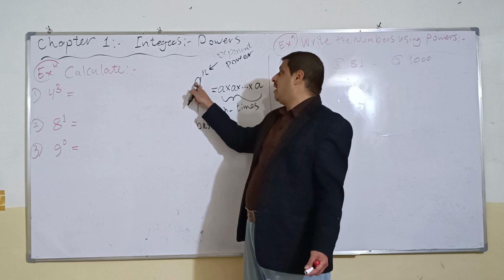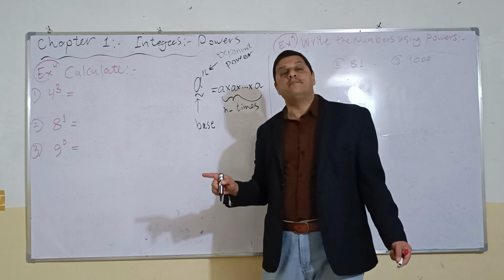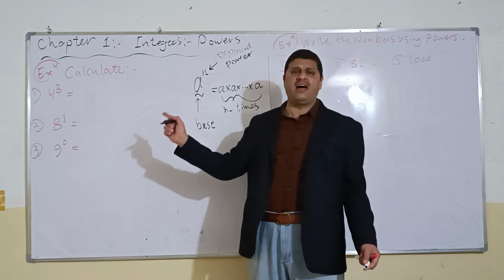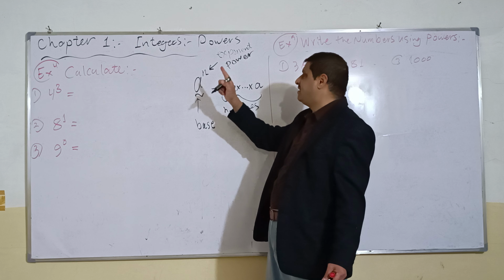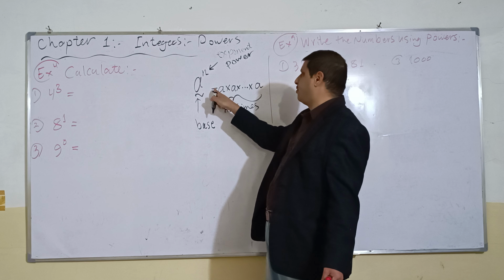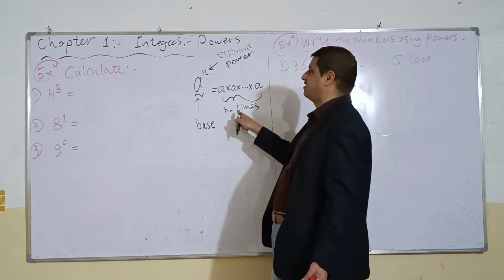That means a is multiplied by itself n times. An example: a to the power n equals a times a, continue until n times.